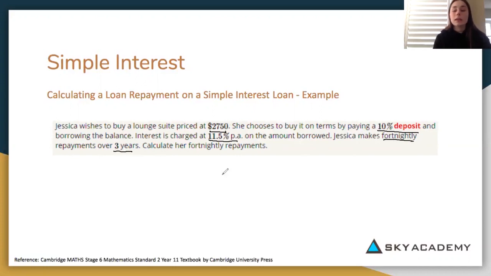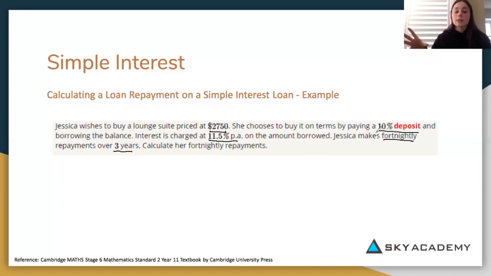Calculate her fortnightly repayments. So there's a lot going on in this question, so let's go through and talk about what it means. She's buying a lounge at a price of $2,750. And she's going to pay out of her own pocket a 10% deposit. And whatever is left over that she still has to pay, she's going to borrow that amount.